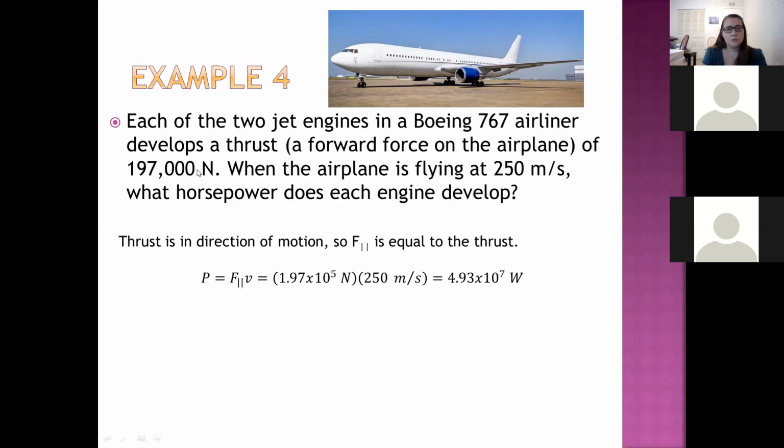Since we moved it to the left 5 places, our exponent is positive 5. So 1.97 times 10 to the 5th is the same thing as 197,000. Our velocity is there, 250 meters per second. That gives us a power of 4.93 times 10 to the 7 watts.